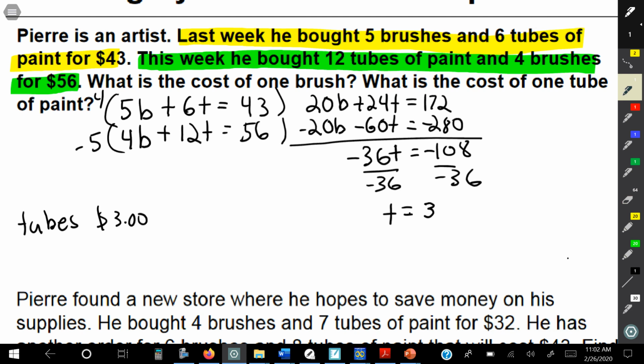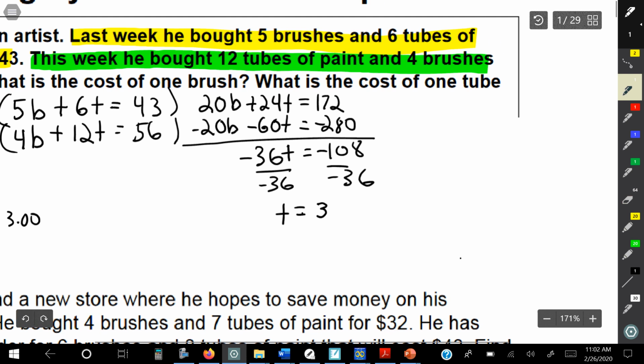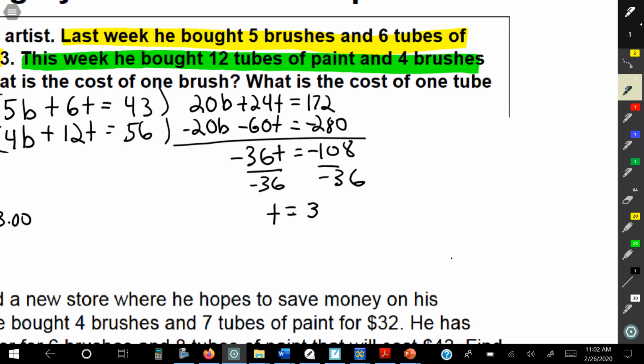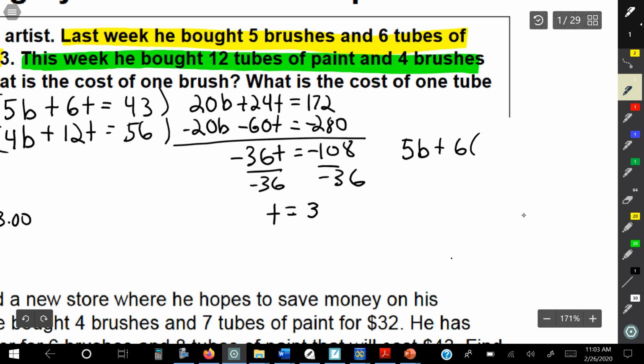Now all I gotta do is figure out how much the brushes cost. Well, all I gotta do is plug it into my equation here and then solve. So I'm gonna write that over here. And I'll have 5b. And you could pick either equation here. 5b plus 6 times the $3 is equal to 43. Now you have 5b plus 18 is equal to 43.